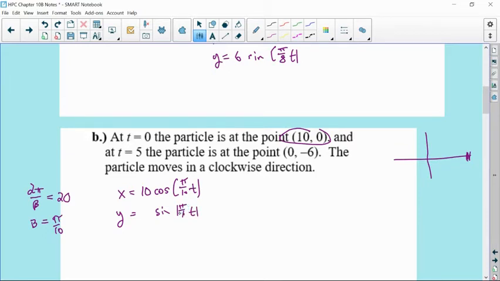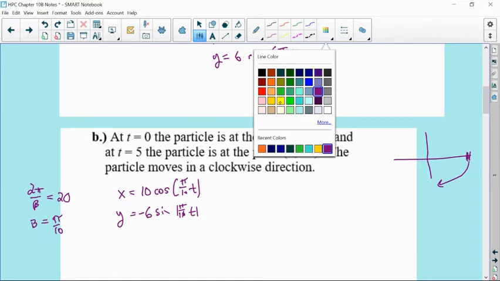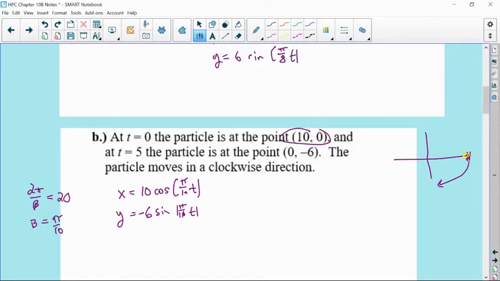But now notice that I need to go down to get to that point there, -6. And so what I can think about is making this a -6 value, because that'll make sure that my y values start negative. And when I know I'm starting at x equals 10, I'm starting right here at this point. From this point, I either can go up or I can go down depending on what direction it tells me, right?